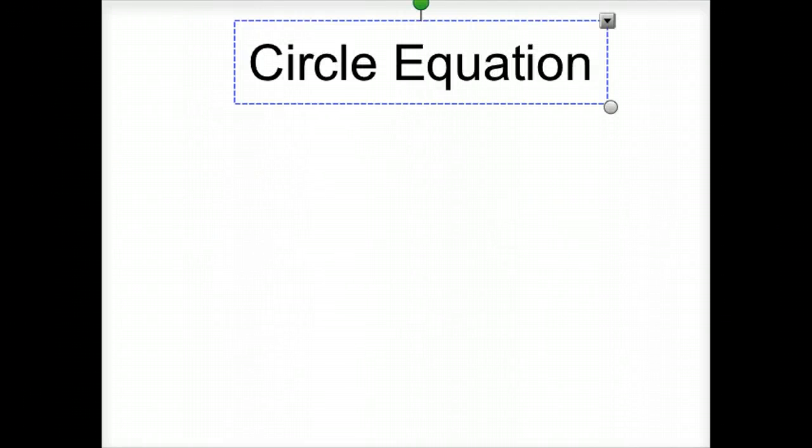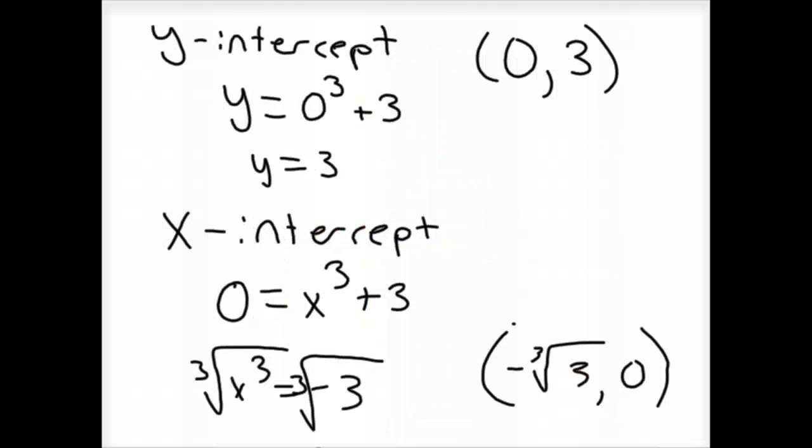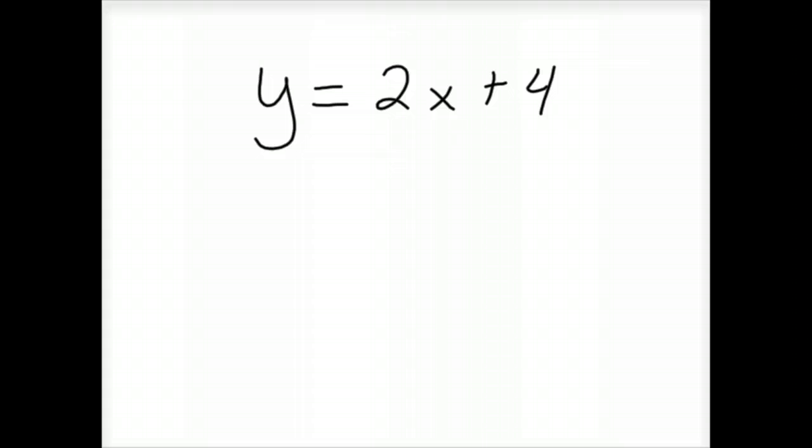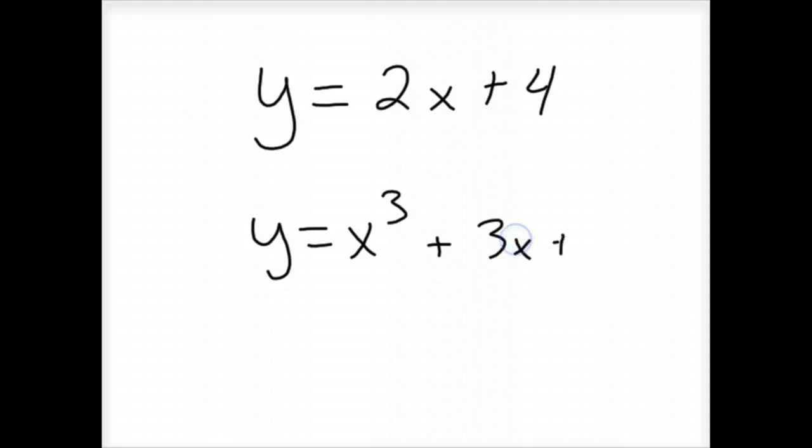And it doesn't matter what your equation is. So let's say you have y equals 2x plus 4. Or better yet, y equals x cubed plus 3x plus 2. Okay? So in this one, your y-intercept, you'd plug a 0 in here, and you'd have 4, right?